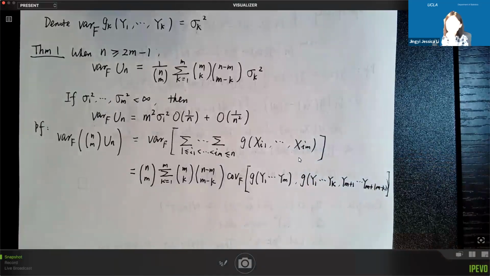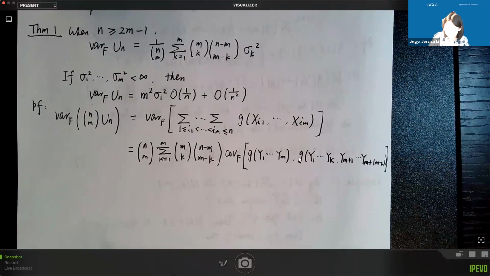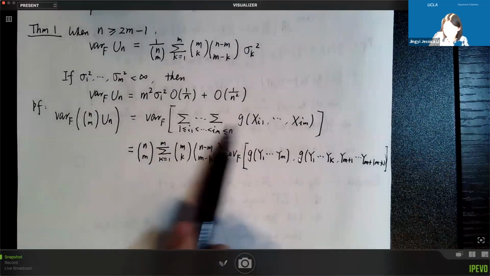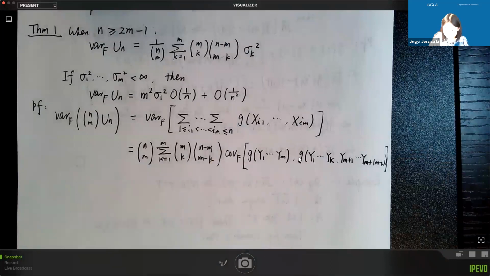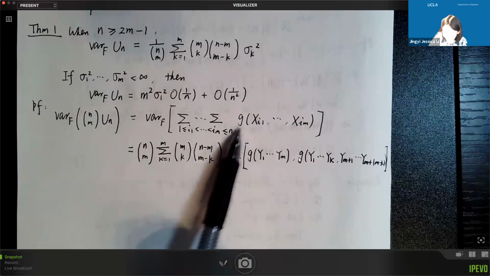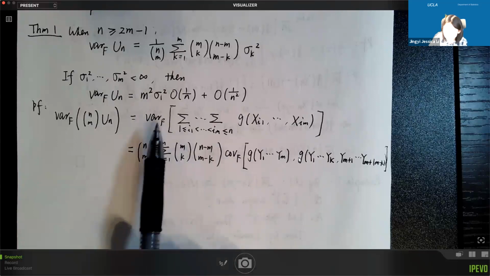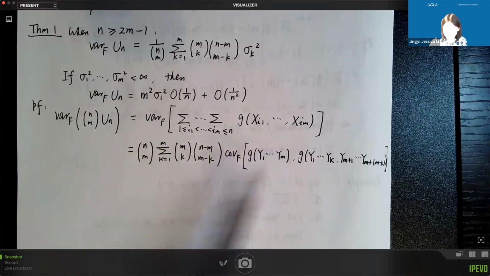Okay, so this is actually the definition of the covariance. You see how many terms I have in here. The number of terms is equal to n choose m. So I have n choose m terms in the summation. And for those n choose m terms, when I expand the variance, it becomes the pairwise covariance between two terms.